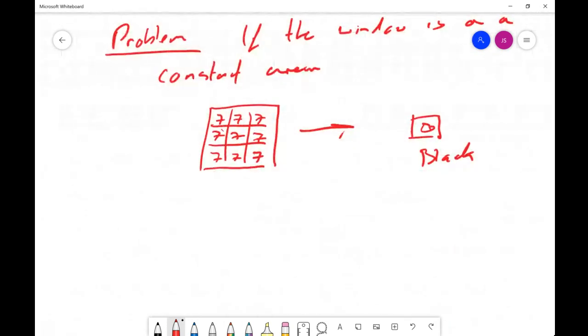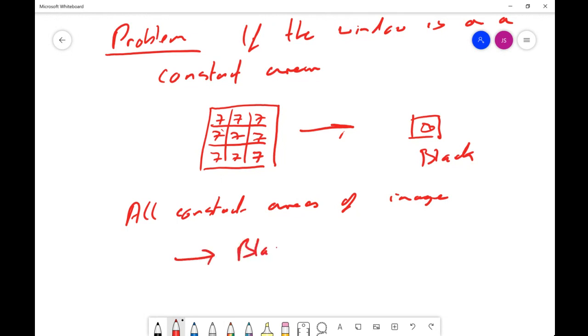And all constant areas, it doesn't matter what their value, they can be all black in the original image or all white or any intensity value in between. If they're all the same, all the constant areas of the image go to black after filtering.